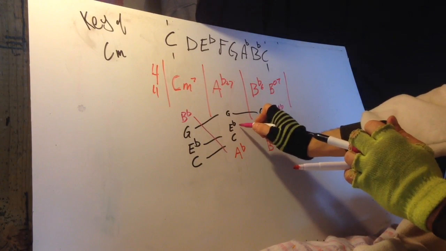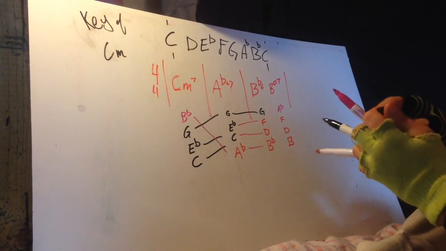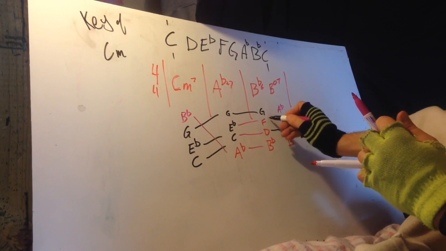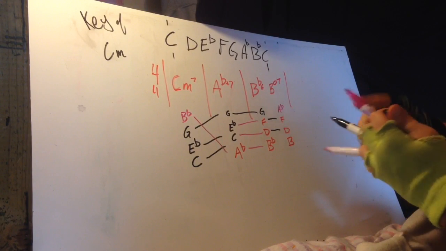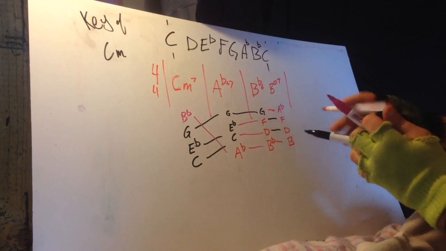But you go up a whole tone, and you go up a whole tone, and you go up a whole tone. And then you go up a semitone, and you go up a semitone.